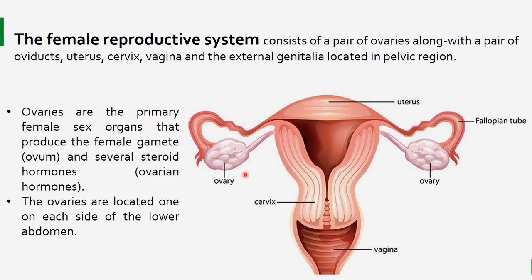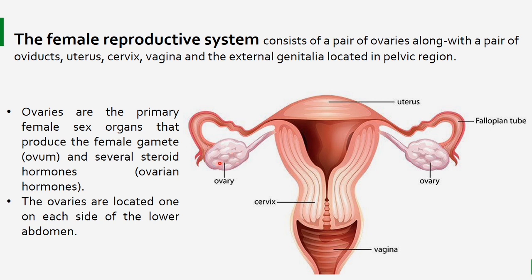The female reproductive system mainly consists of a pair of ovaries along with a pair of oviducts, also known as fallopian tubes, the uterus, cervix, vagina, and the external genitalia, which are located in the pelvic region of the body. The ovaries are the primary female sex organs.